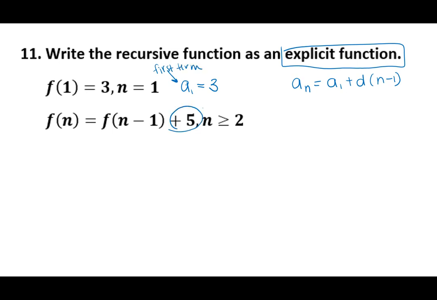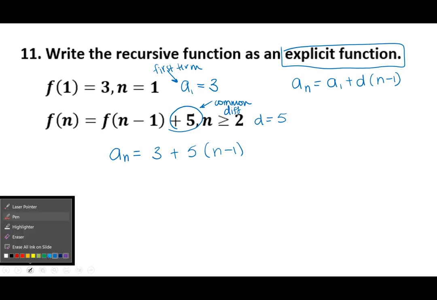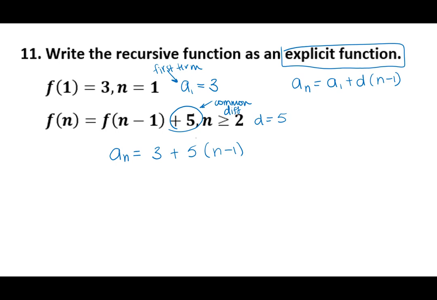And this is going to be my common difference, which is d equals 5. So now you're going to plug it in. So a_n equals 3 plus 5 times n minus 1. And then you just do the first thing, which is distribute.